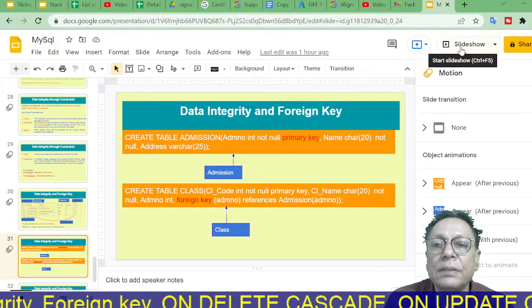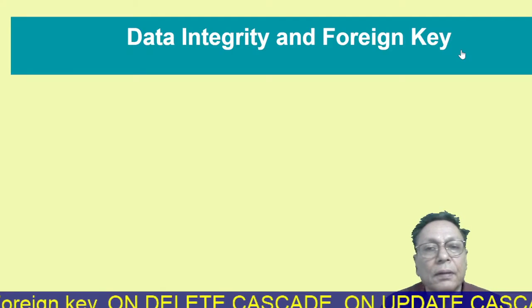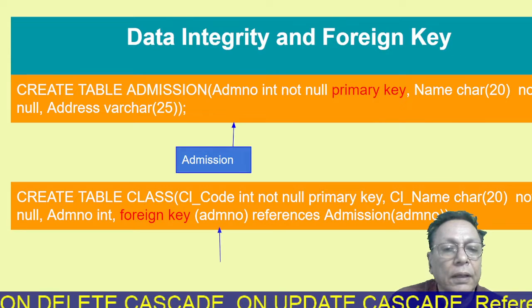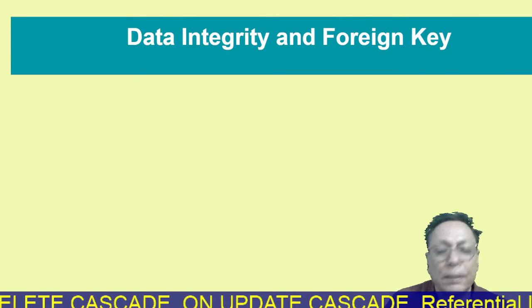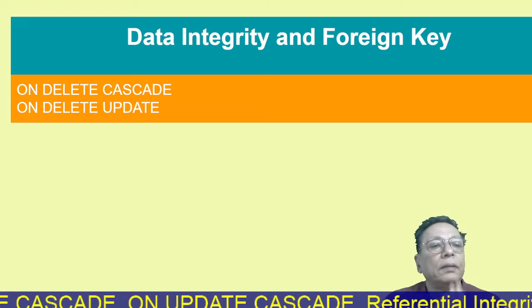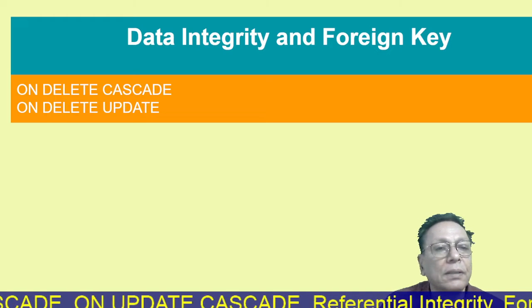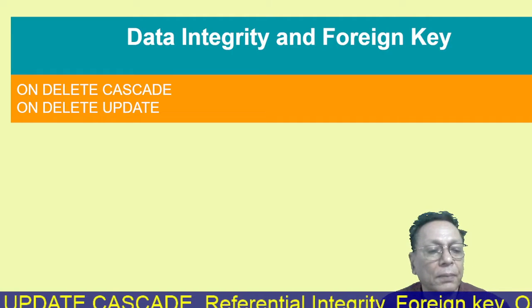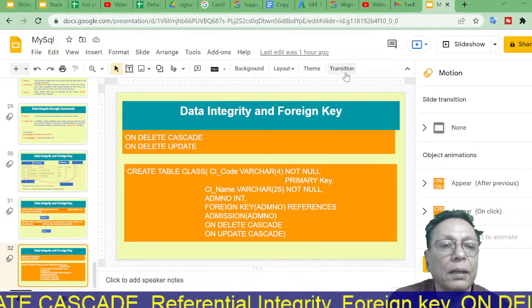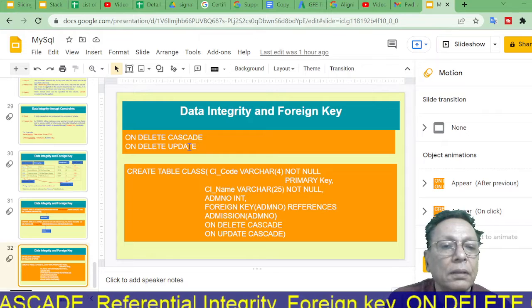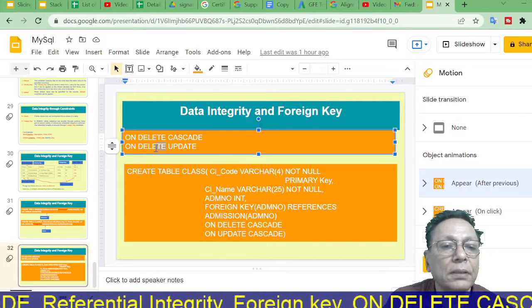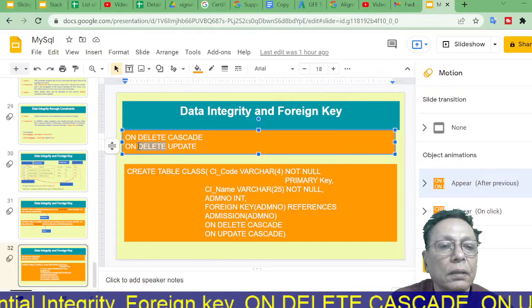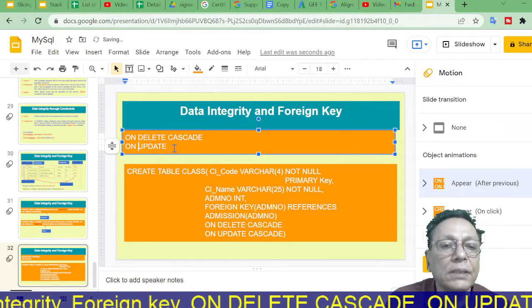Just have a look at this. In cascading, you'll see there are two cascades: on delete cascade and on update cascade.